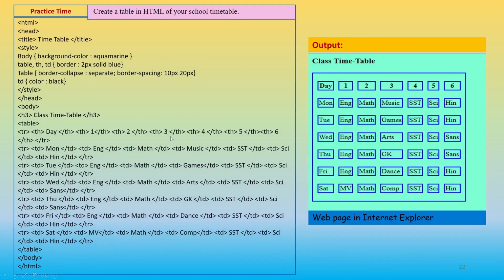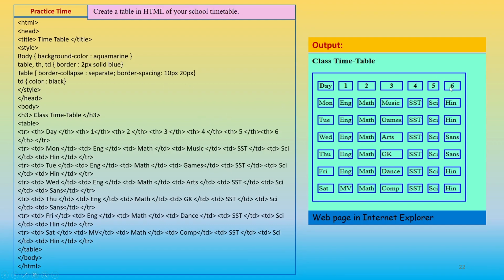Now there is a question given. This is a practice time question given on page number 60 of your chapter 5, which asks you to write a table of your school timetable. So instead of 8 periods or 7 periods, I have made a 6 period timetable.